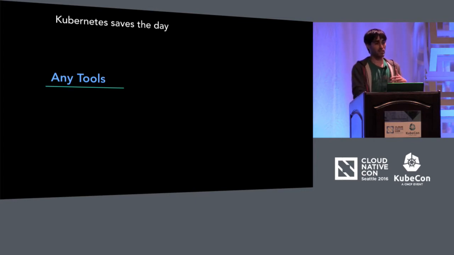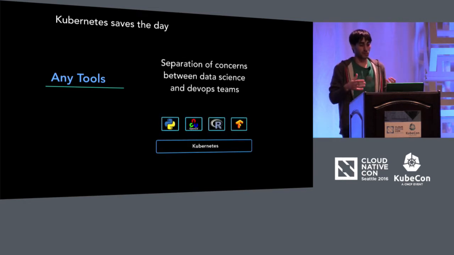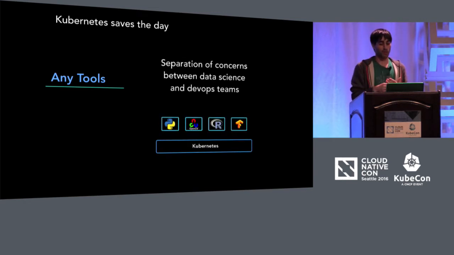But more importantly than any of this, what Kubernetes really brings is the ability to create the right interface between the data science teams and the data infrastructure teams, right? The infrastructure's job is to allow the data scientists to be able to do their work and interface that effectively. And containers and Kubernetes are exactly that great abstraction that gives us a fantastic separation of concerns. Data scientists are now responsible for everything that's inside the container, right?